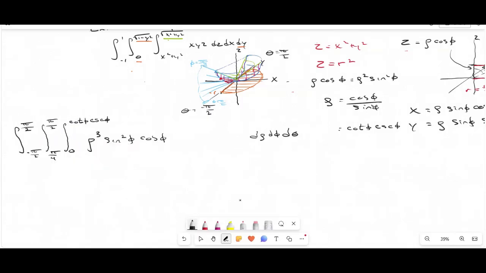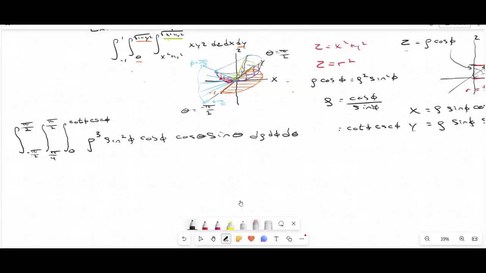I also have a cosine of theta and a sine of theta. And then I need that Jacobian factor, rho squared sine phi.